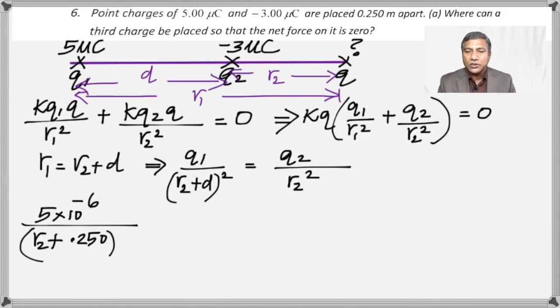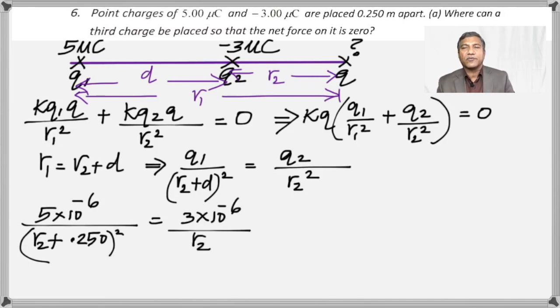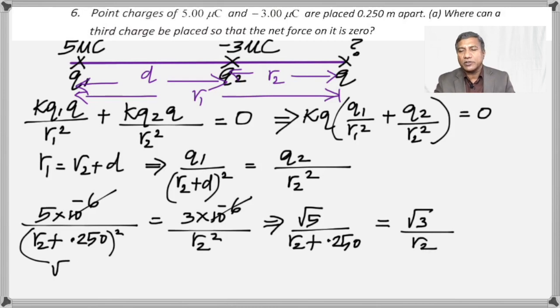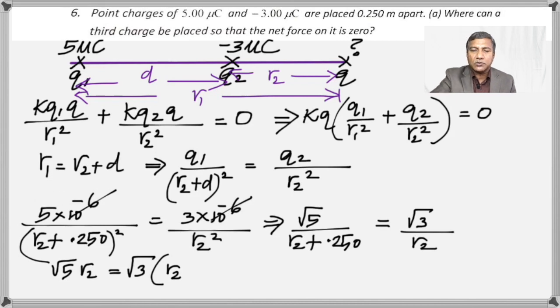Okay, and then plug in what we know. We know the charge. We're trying to find R2. We know D is 0.25. Cancel out the negative 6's from both sides. Take the square root, because I'm trying to avoid the squares. So take the square root on both sides. So you got square root of 5, square root of 3, and then this whole square disappears. All right, even here the square disappears. So now cross multiply.